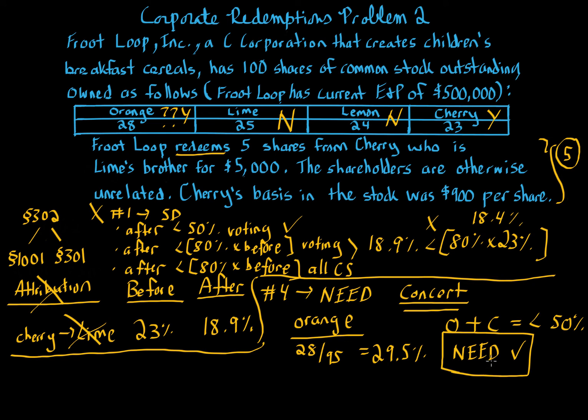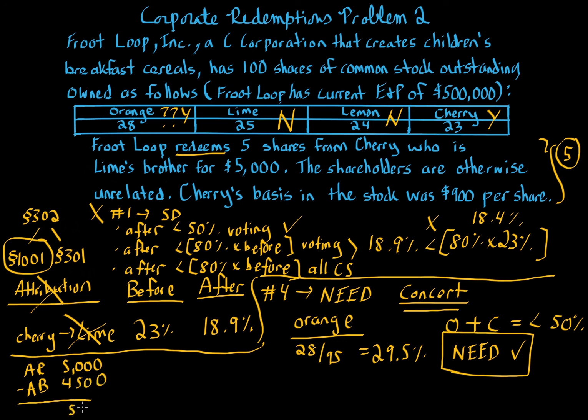The same rationale. So that means this is going to be treated as a Section 1001 sale or exchange. We're going to do amount realized minus adjusted basis. The amount realized here is $5,000 minus the adjusted basis. The adjusted basis here, we're giving up 5 shares at $900 per share, so that's minus $4,500.